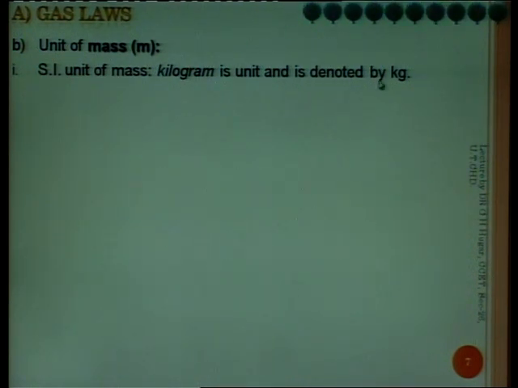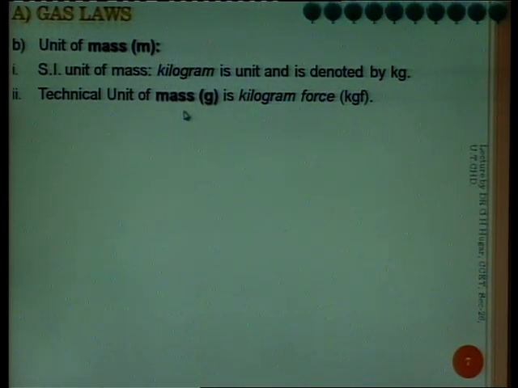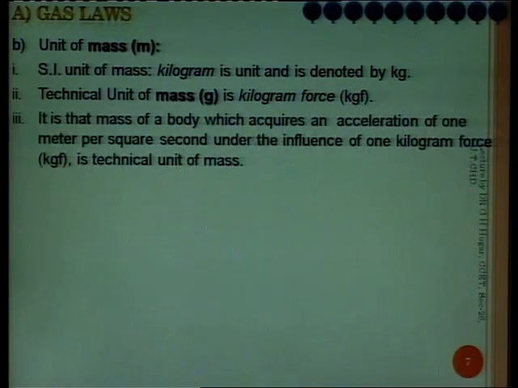In the next slides we will see the unit of mass. The SI unit of mass is the kilogram, represented by kg. However, the technical unit of mass is defined in terms of kilogram force. It is that mass of a body which acquires an acceleration of 1 meter per square second under the influence of 1 kilogram force. This kilogram force is the technical unit of force, as we have seen in the last slide.